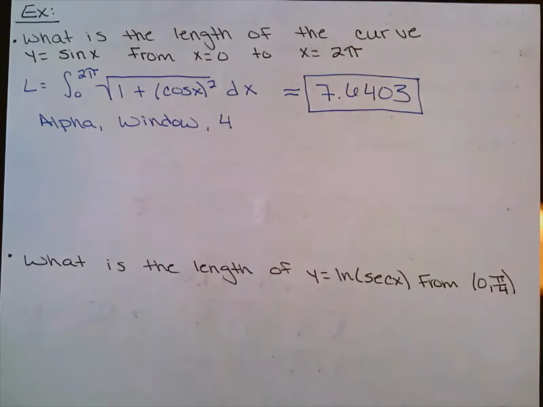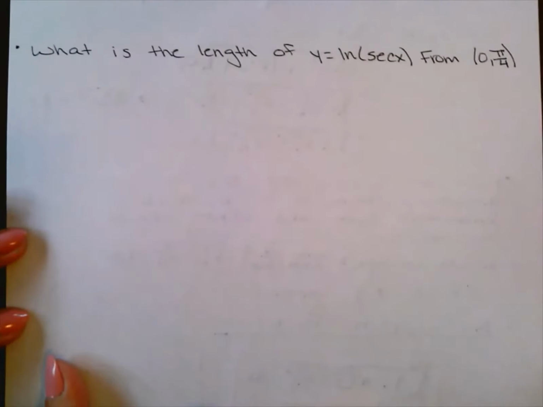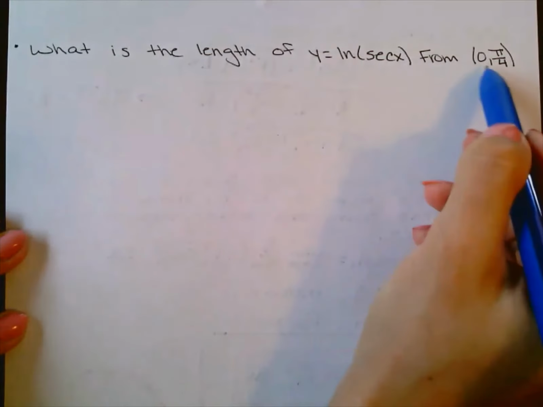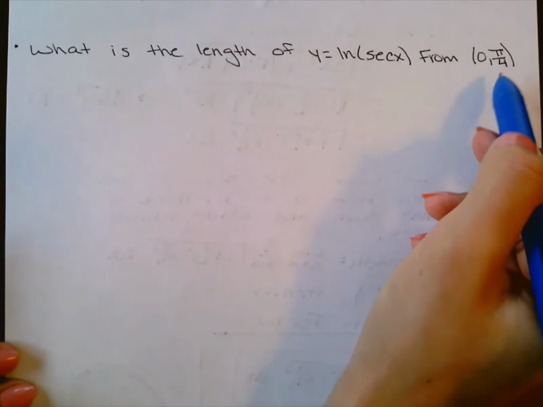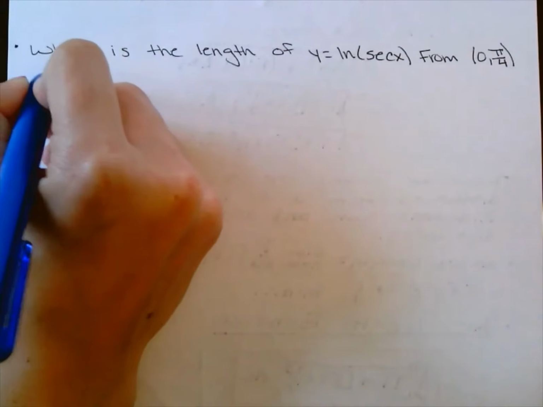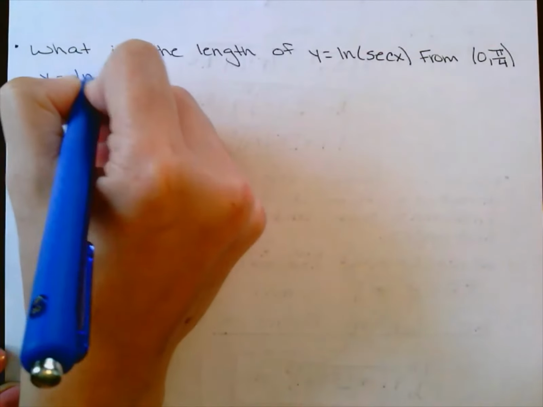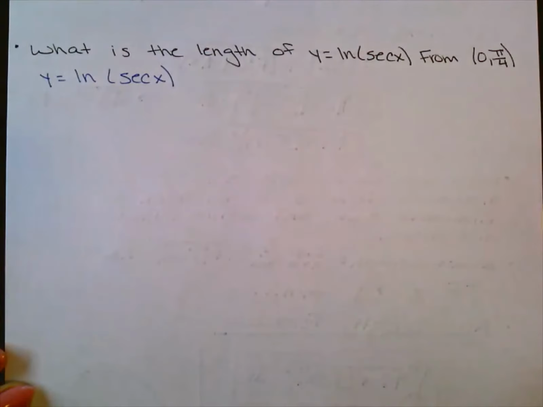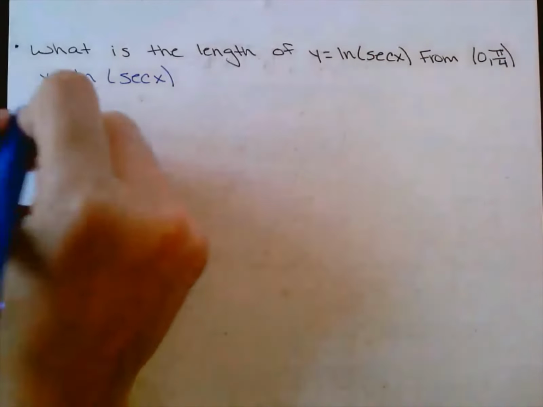One of the easiest lessons you'll learn in BC. Let's take a look at the next one. Okay, what is the length of this function from 0 to pi over 4? So I'm going to write, if y is ln of secant of x, I'm going to take a minute and solve the derivative first so I can plug that straight in.